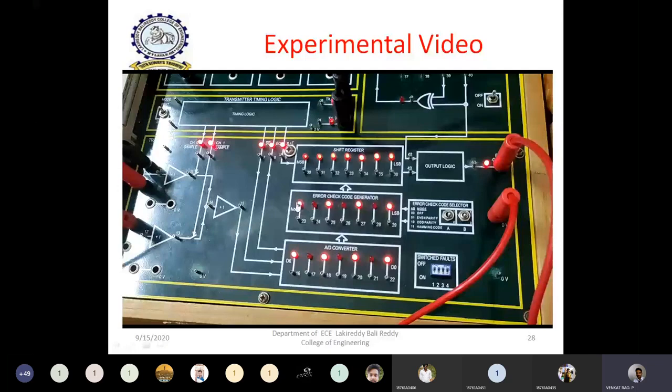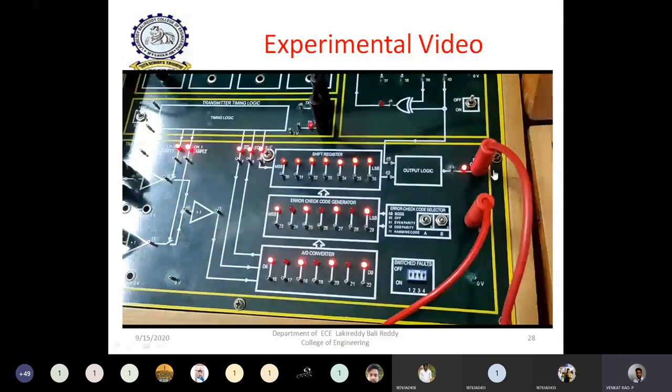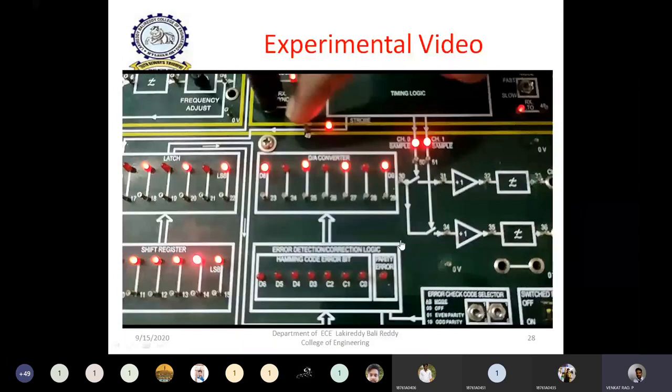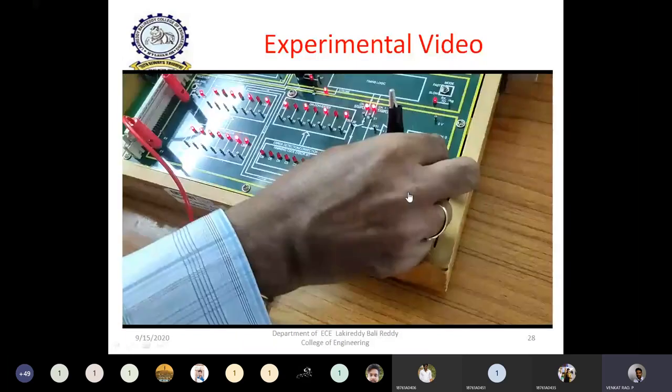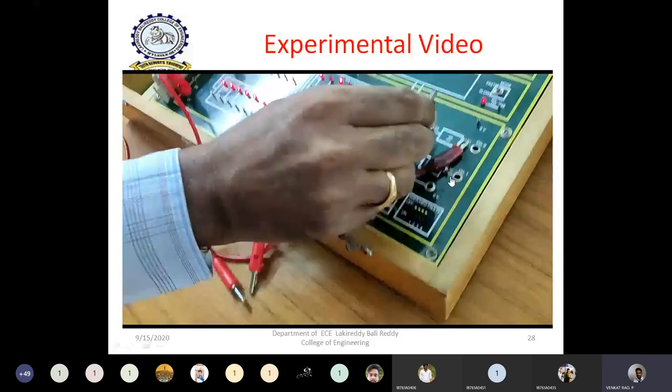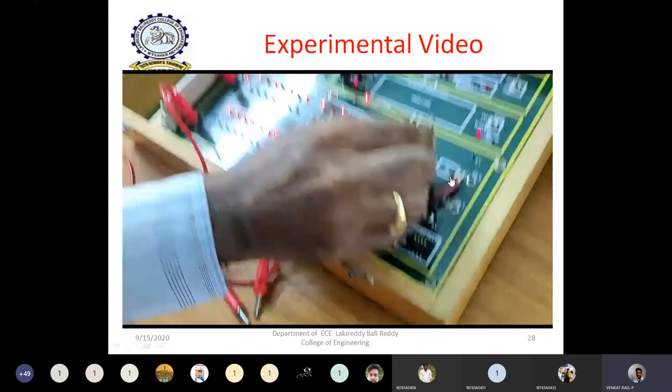The same thing is decoded here. Based on this decoded sequence, you can get the reconstructed original demodulated signal here. If you observe this point in the CRO, this is the decoded sequence. So in the CRO, I'm connecting this to the CRO probe positive and 0 to the negative.